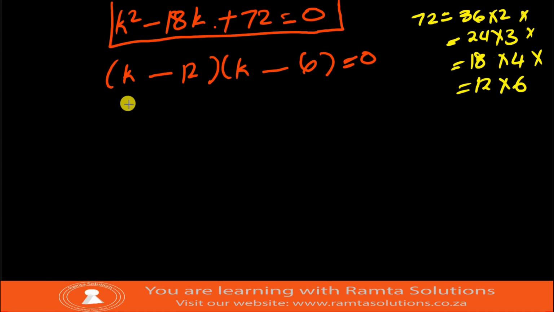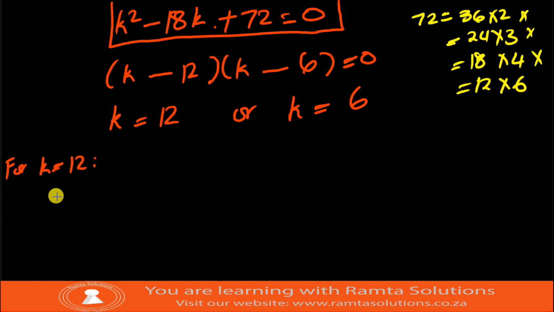Okay, so what do we have? We have k equals 12 or k equals 6. So for k equals 12, do remember we said x squared plus x was equal to k. This time we found the value of k, which is 12.